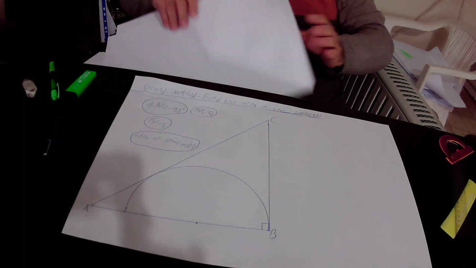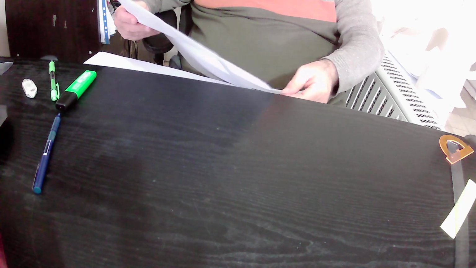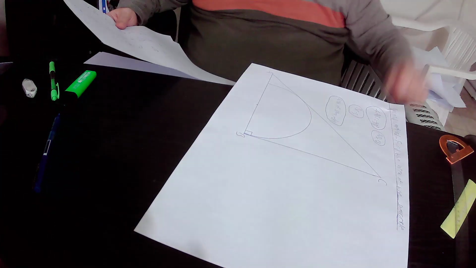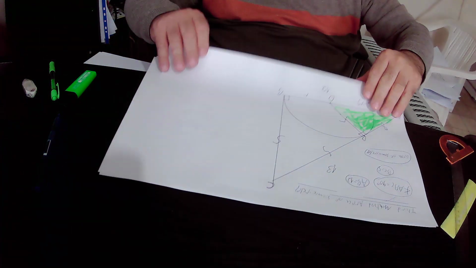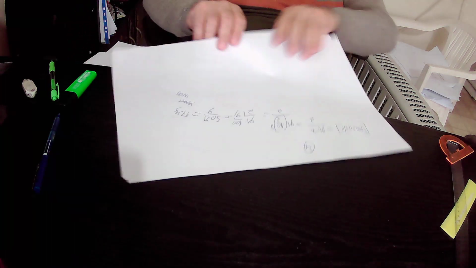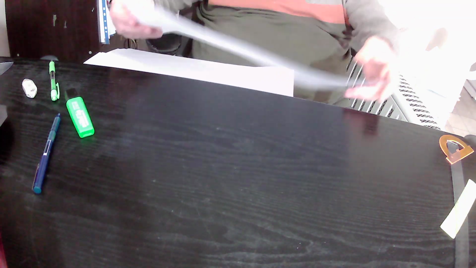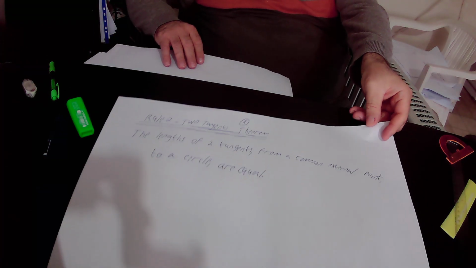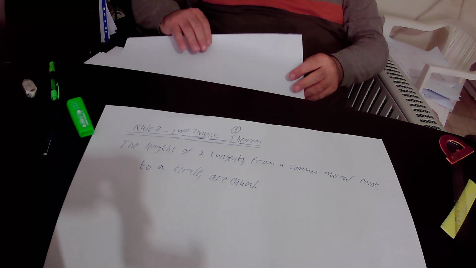According to rule number 2, the lengths of two tangents from a common external point to a circle are equal. So what is the meaning of rule number 2?